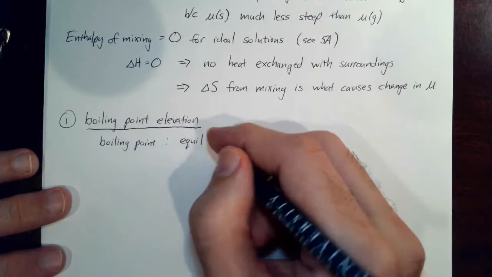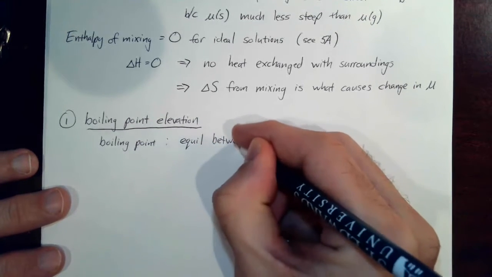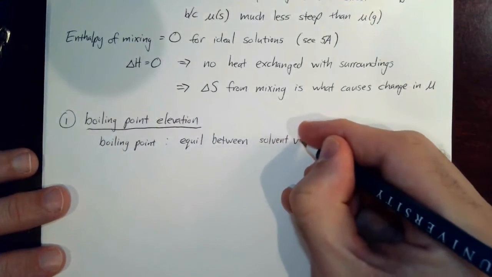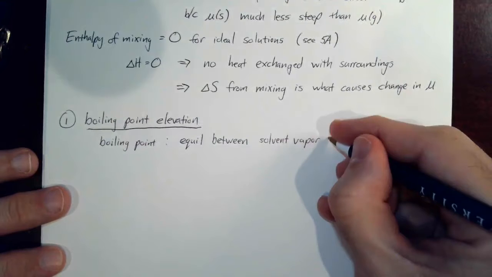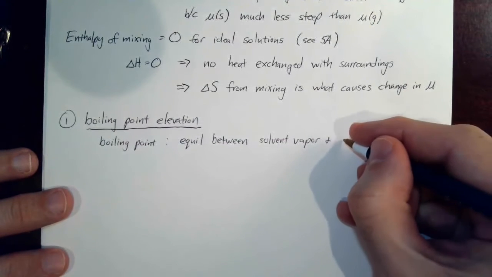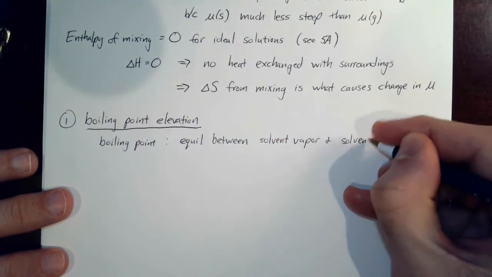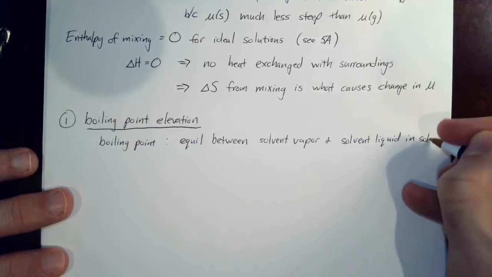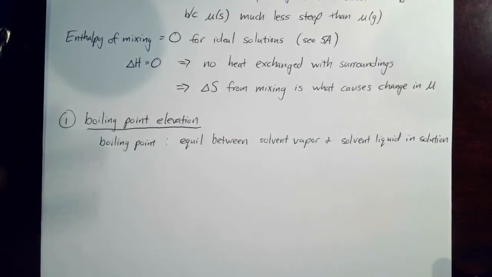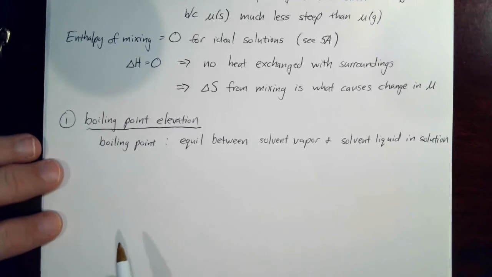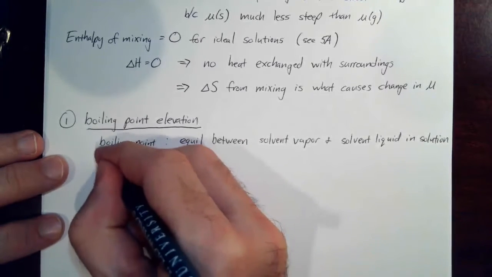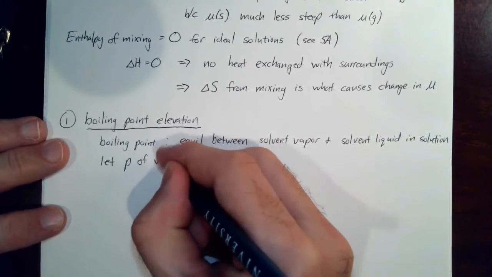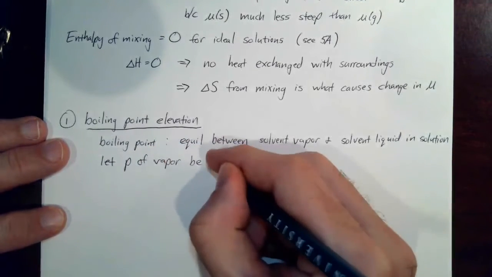So in this case, it's the vapor of the solvent and the liquid solvent that's in the solution. And for everything that follows, we're going to let the pressure of the vapor be 1 atmosphere.